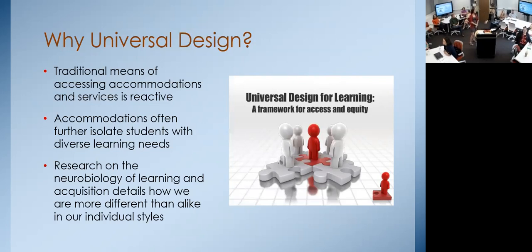This is a proactive approach to creating course design and curriculum to remove barriers so no one is isolated as a result of either needing special accommodations or having a special learning style. And to boot, recent research in sort of 10, 15 years ago was coined the sort of the decade of the brain, and they did a lot of neurobiological research, and we learned that, you know, in reality, something we already knew, that we're more different than we are alike in our learning styles.